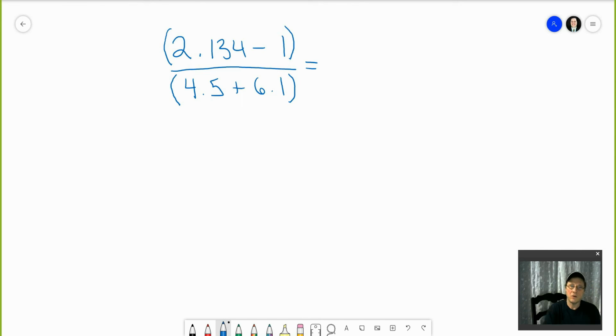In this case, we would solve that first. It would be 1.134 divided by 10.7. So now we can solve this, right? We can divide 1.134 by 10.7 and get an answer.